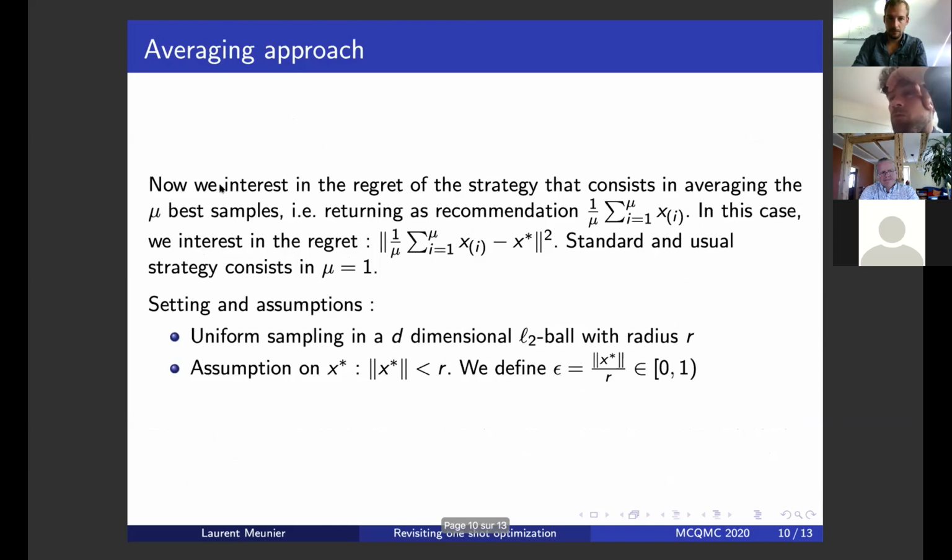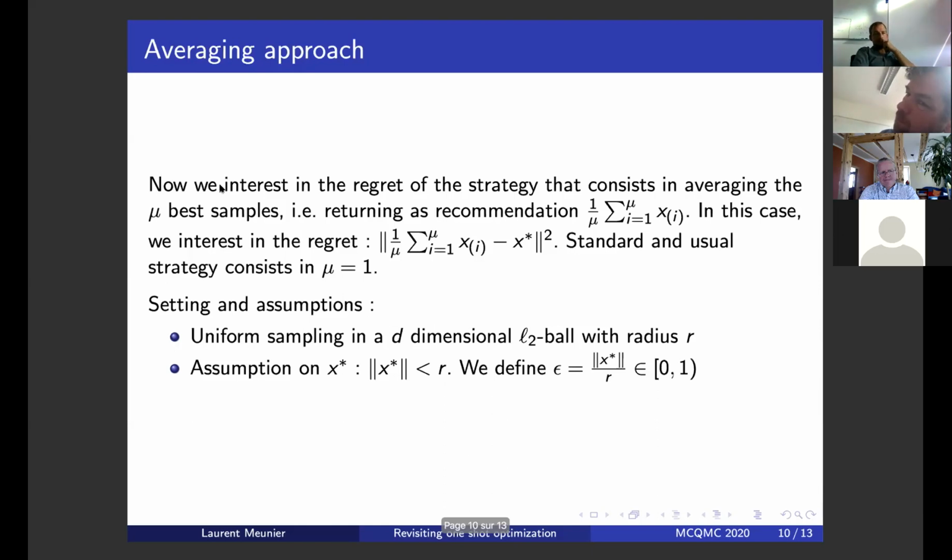The standard and usual strategy that we presented before consists in using mu equal 1. Here, this strategy is a bit restrictive, and we will show that it's even suboptimal in some sense.